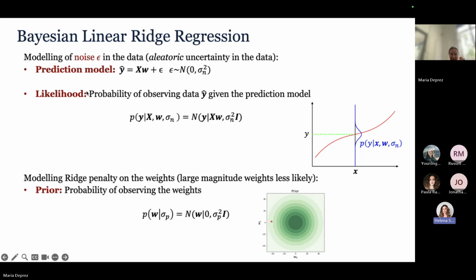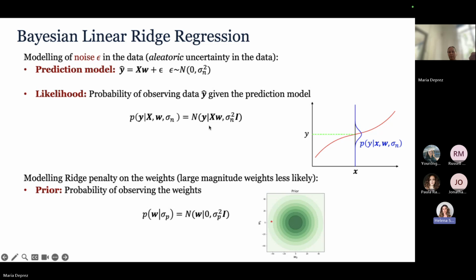And then we have to start talking about all the different terms that go into Bayesian modeling. So the first one is the likelihood. So it's the probability that we observe the data, the samples that we got, given our model. Okay, so here our model is linear, so this will be modeled as a Gaussian distribution where the mean will be our model, so it will be feature dependent, so we just put the predictive model here, and the variance will be simply the variance of the noise that we've got.